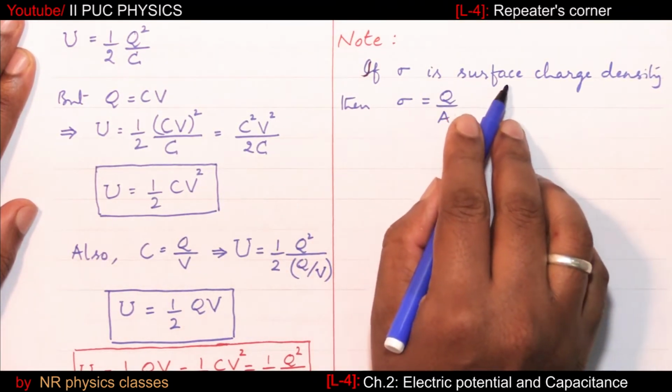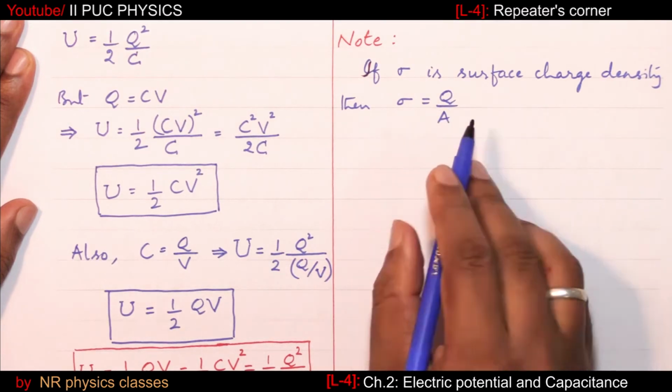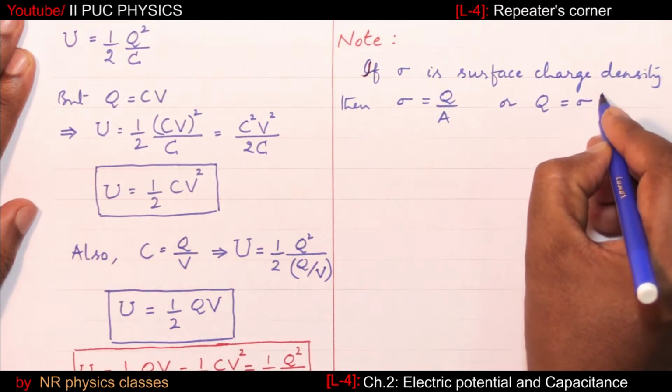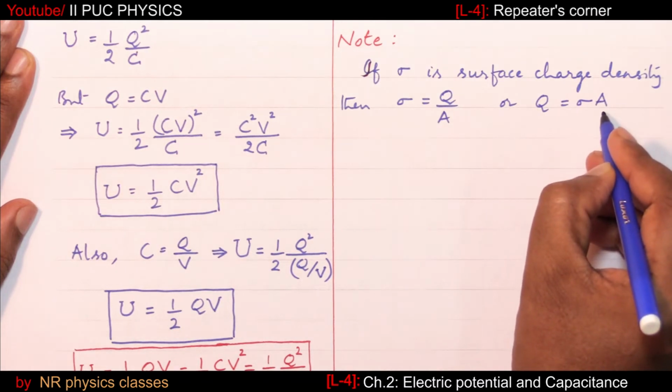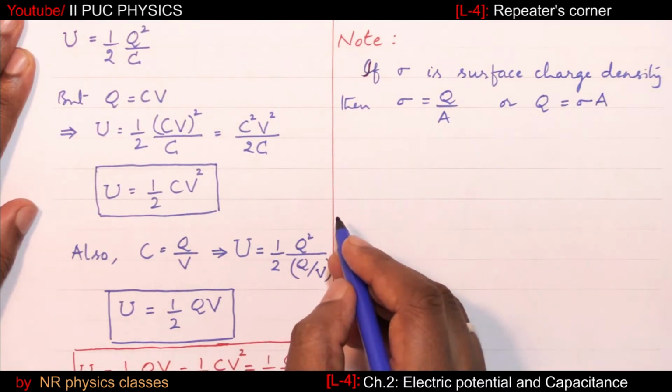If sigma is surface charge density, then sigma is Q by A, or Q equals sigma A. Second expression, capacitance of a parallel plate capacitor.